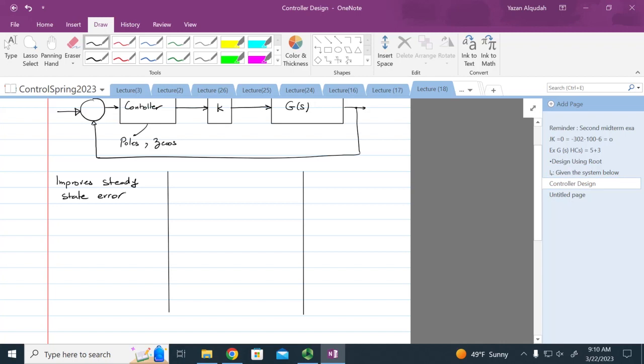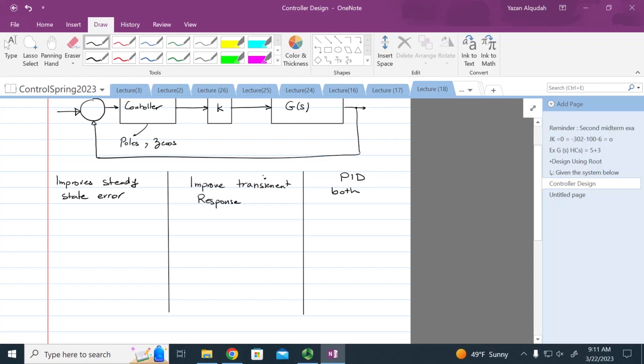We're going to be looking at controllers that will improve the transient response. And we're going to look at controllers that will improve both. Make sense?